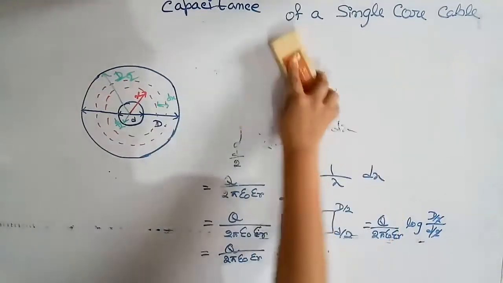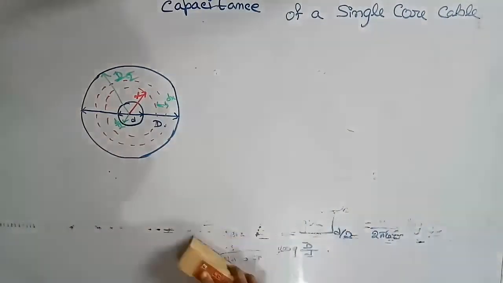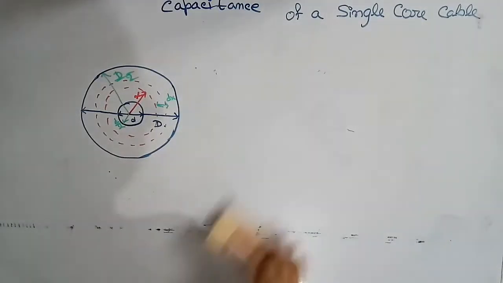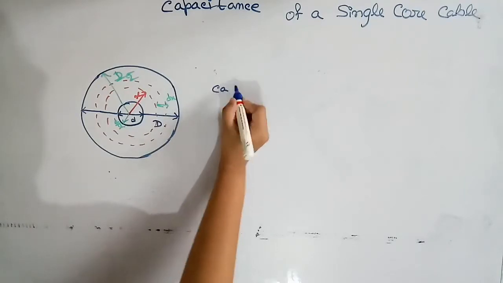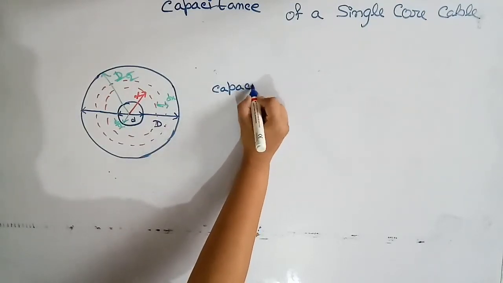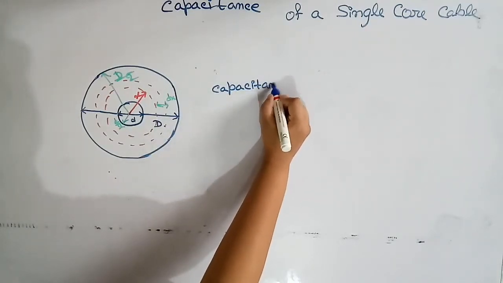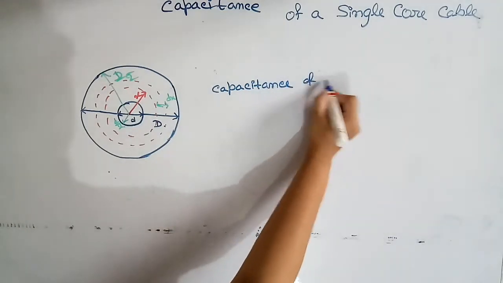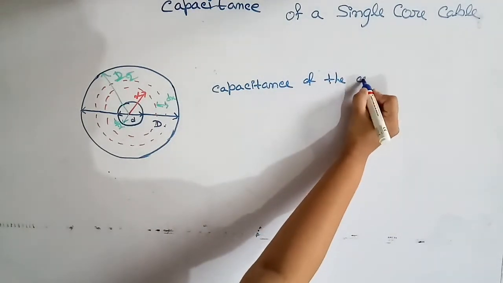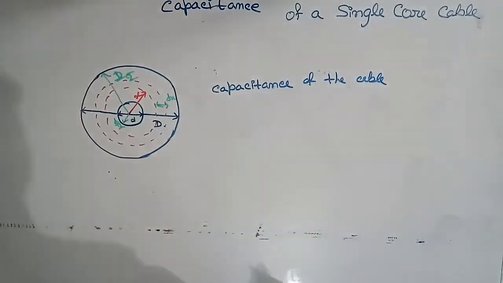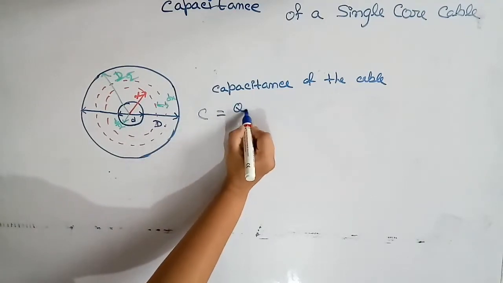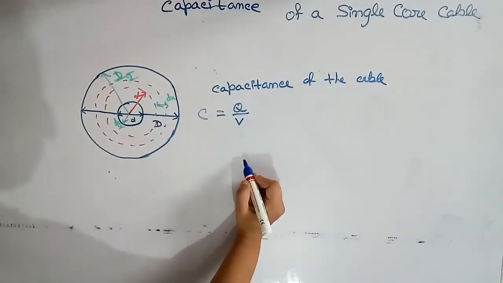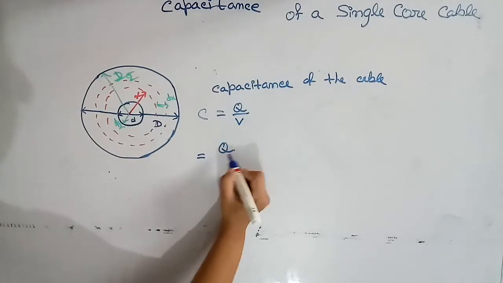Now what is the value of capacitance? Capacitance of the cable is C equals Q by V. Now what is the value?